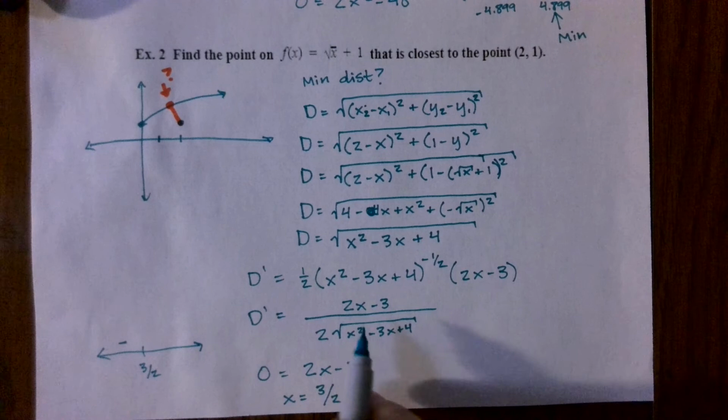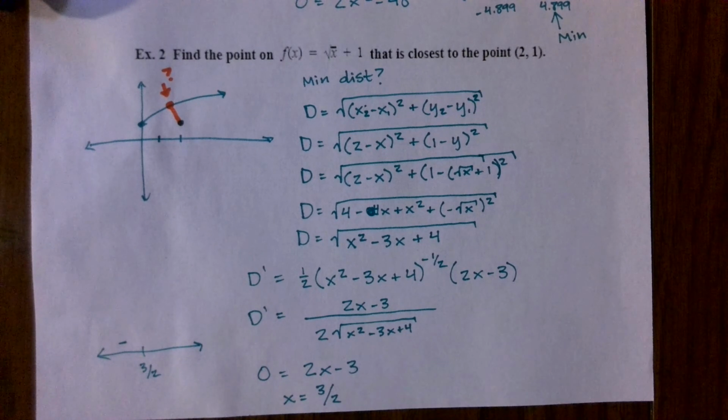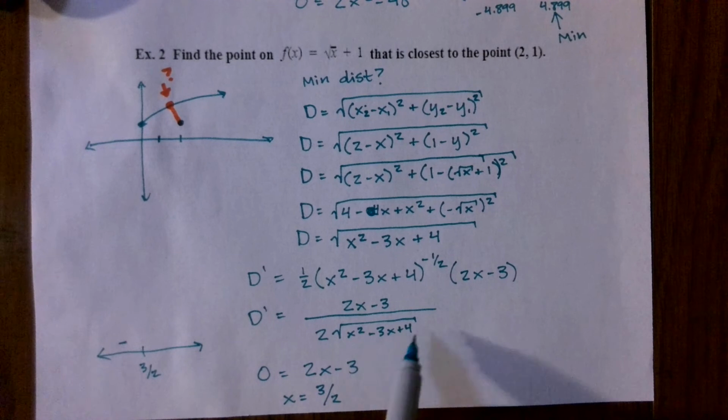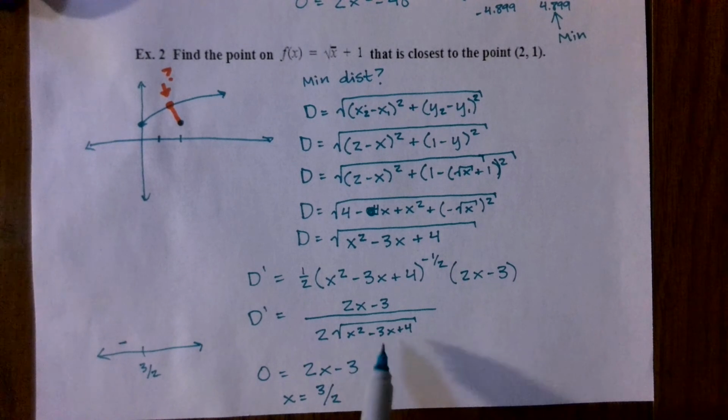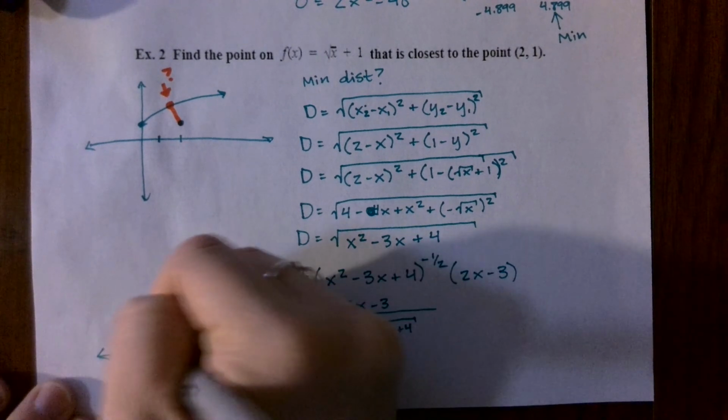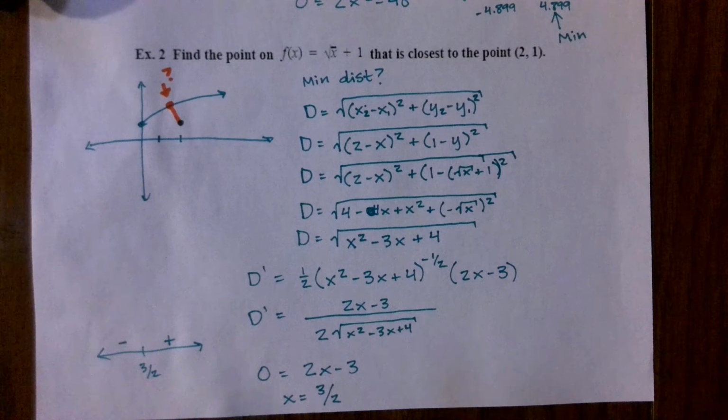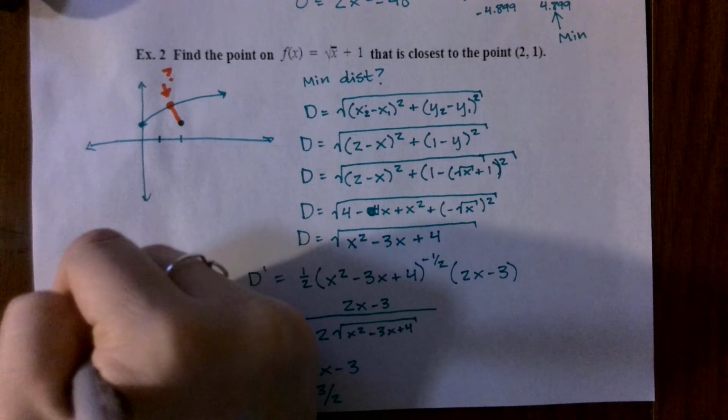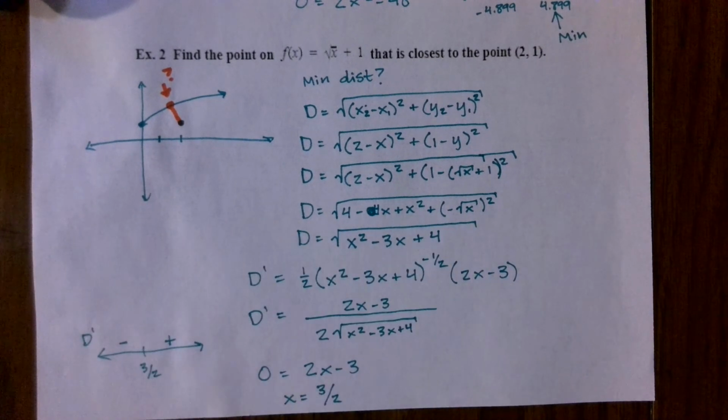If I plug in 2, I would have positive in the numerator, and positive in the denominator. So if we needed to justify ourselves, we could say that d prime goes from negative to positive, so it does have to be a relative min.